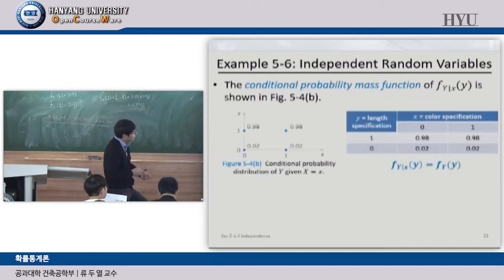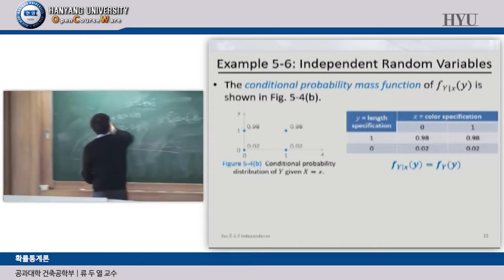In the case of independence, the conditional probability mass function of y given x should be equal to the marginal probability mass function of y. So regardless of the values of x, the conditional probability is equal to the marginal probability in the case of independence. So I'm going to calculate this equation also.